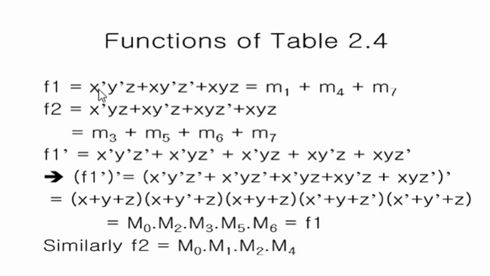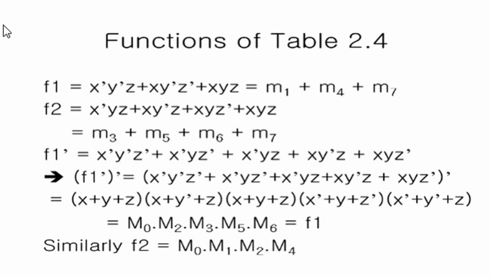So how to write it in terms of min term? What is x bar, y bar, z? It is 0, 0, 1. What is 0, 0, 1? 0, 0, 1 is M1. Likewise, x, y bar, z bar is 1, 0, 0, which is nothing but 4. So you have to write it as M4.